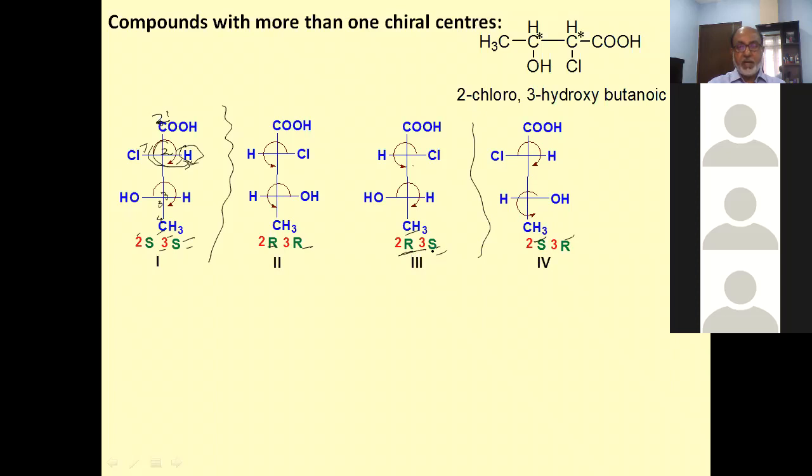So RS has become SR, mirror image structures. So 1 and 2 are enantiomers, 3 and 4 are enantiomers, but 2 and 3 are not enantiomers, they are diastereomers because this is RR and RS. This one also is going to be diastereomers, and this one also.